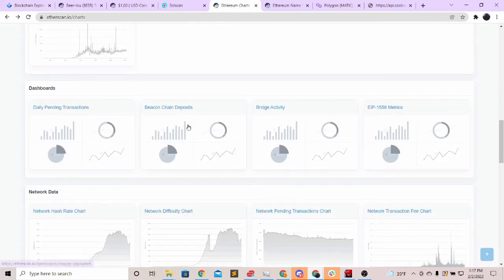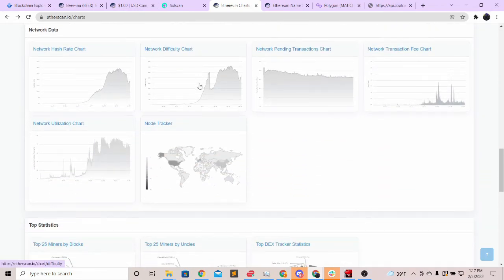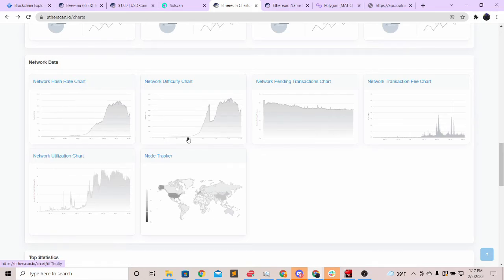We can see some of these dashboards like the beacon chain, which will show you how much is being staked on the beacon chain for the merge to proof of stake for what used to be called ETH 2.0, and then some general network data like the network hash rate, where the nodes are in the network. That's kind of cool to look at sometimes.